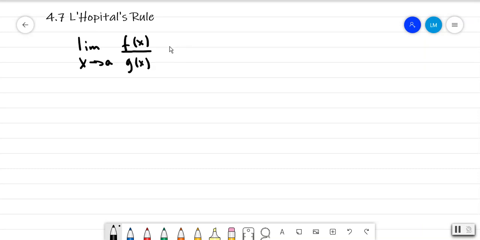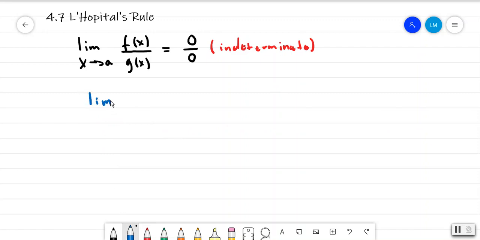But here's what happens. Let's say that you get that f of x tends to 0 and g of x tends to 0. So in this case, this is what we call an indeterminate form. Now you did see some examples before.